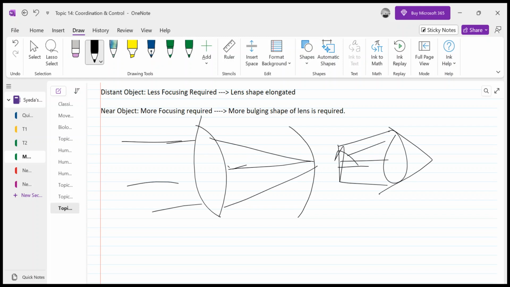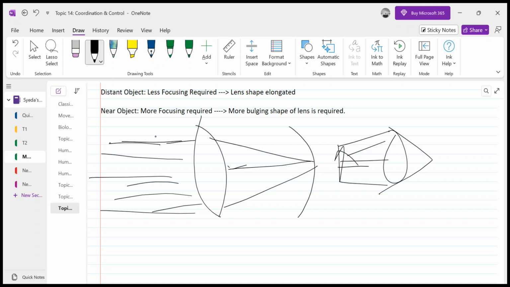But whenever you are seeing something from a distance, this light is not that much divergent. This is a fact that you would need to learn, and perhaps it would be more clear when you will be doing your light chapter, or your lenses and image formation in physics, so that you will be able to relate it.